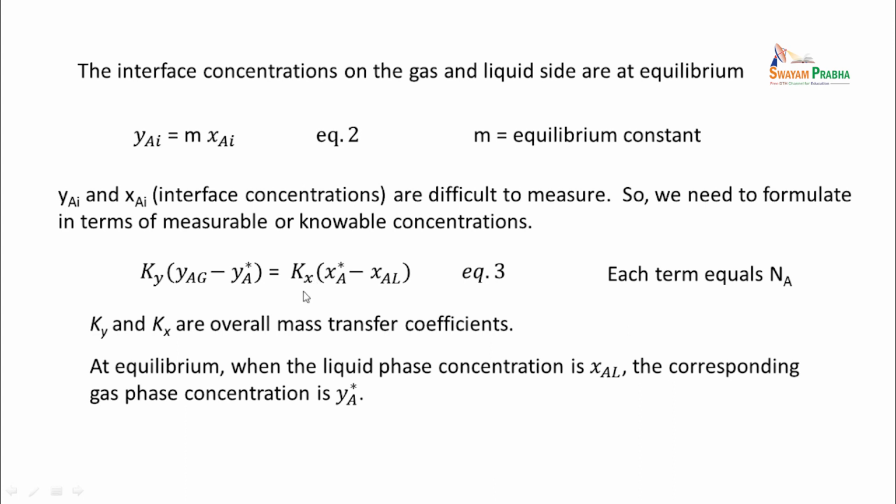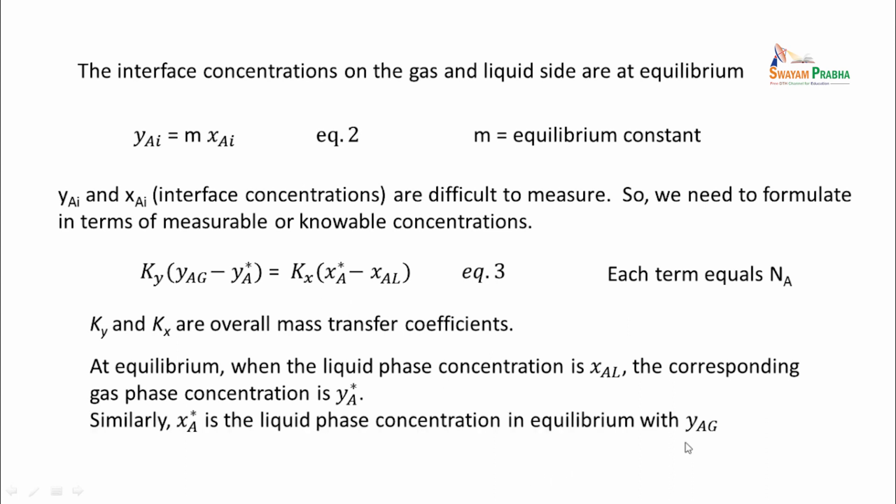Similarly, on the liquid side, it is an overall mass transfer coefficient Kx times Xa star minus Xal. Xa star is the concentration that is in equilibrium with Yag, the gas phase bulk concentration. Ya star is the gas phase composition that is in equilibrium with the liquid phase bulk concentration.